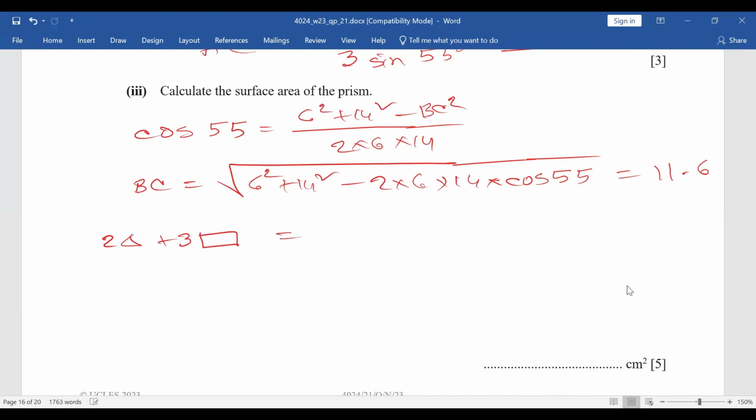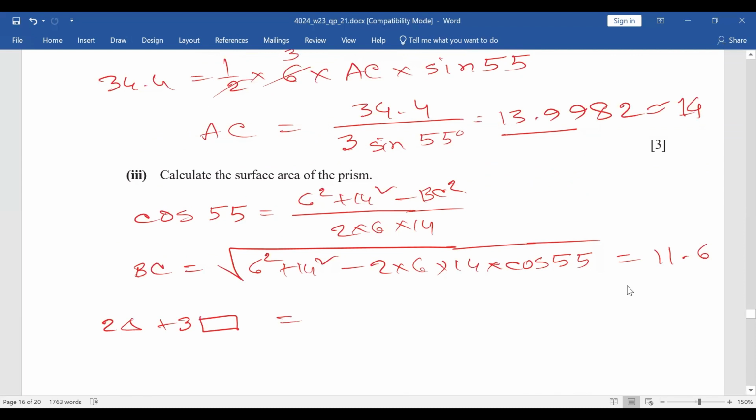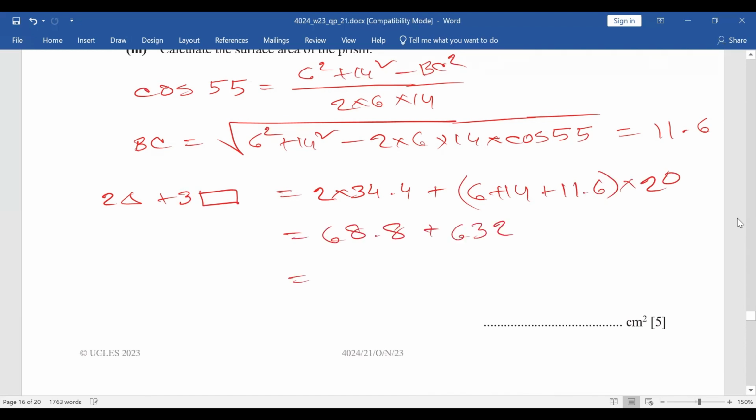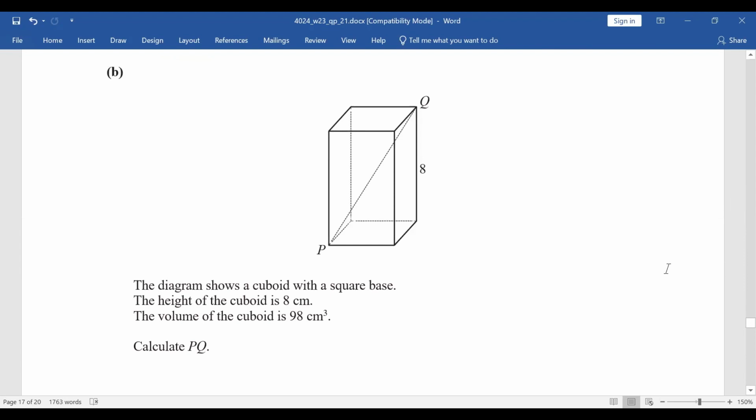The 2 triangles: the area of the triangle is 34.4, so 2 times 34.4 plus the 3 rectangular shapes. The perimeter is 6 plus 14 plus 11.6, and if we multiply by the length 20, we'll get the surface area of these 3 rectangles. Adding these 2 values, we'll get 700.8.